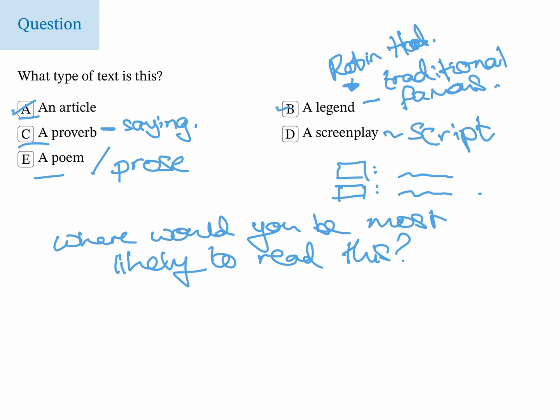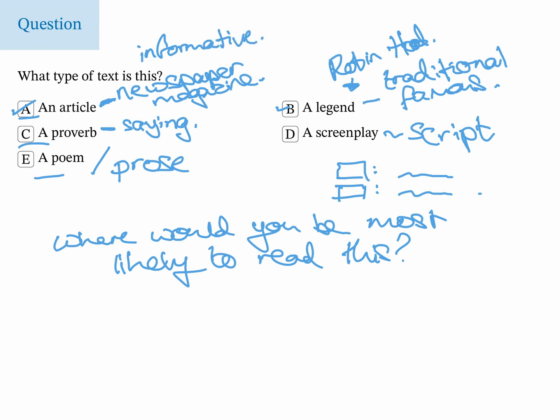An article is usually found in a newspaper or a magazine, often factual, not always, but often. It's something that you read, usually giving you information about the news, current affairs, or a specific topic. But it isn't a fictional story. It's usually informative.